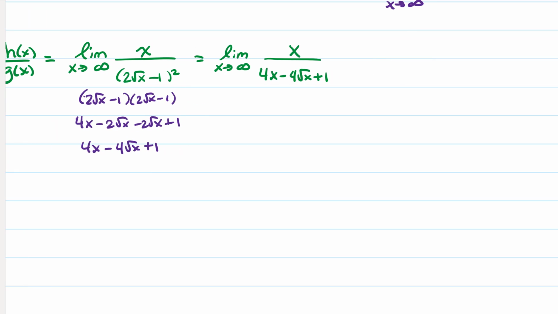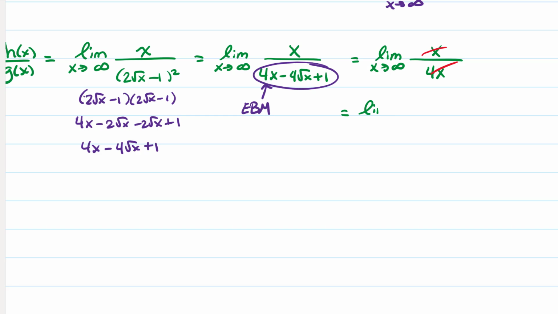And then using our end behavior models, the end behavior model for this is just 4x. So that's using those end behavior models. So limit as x approaches infinity of x over 4x. Our x's are going to reduce off. And we get that this is the limit as x approaches infinity of 1/4, which is 1/4.